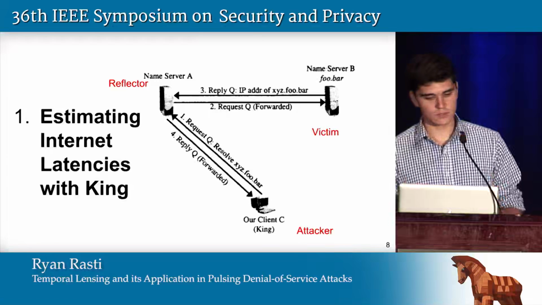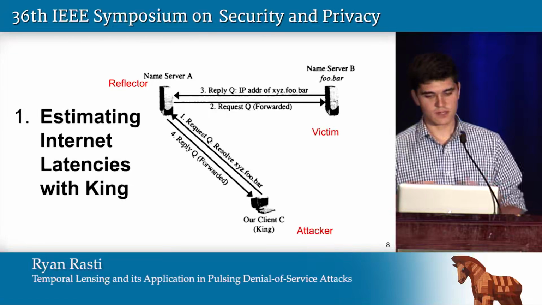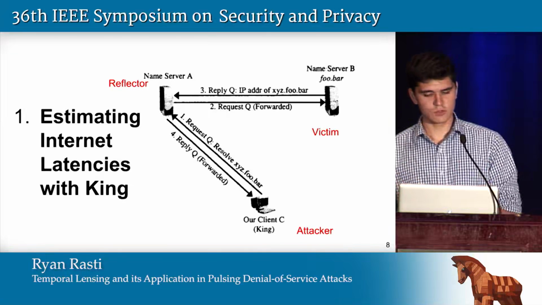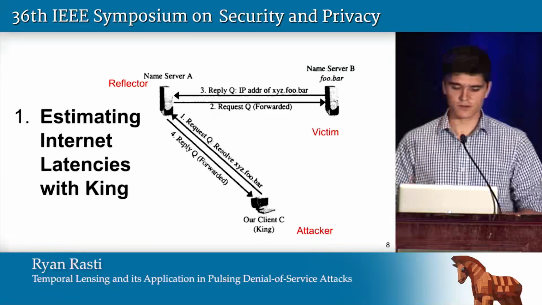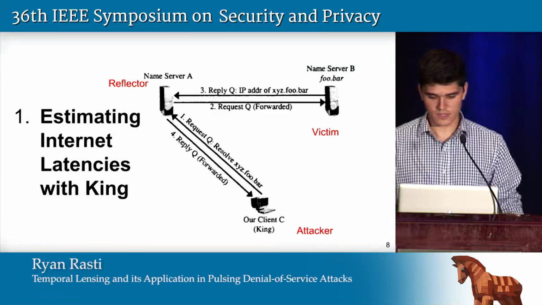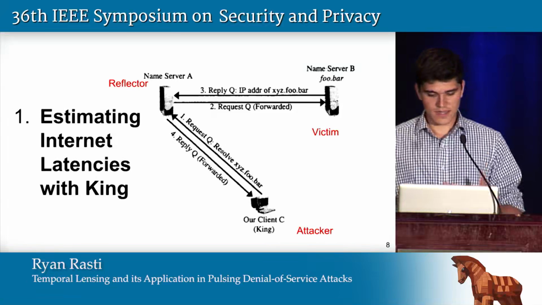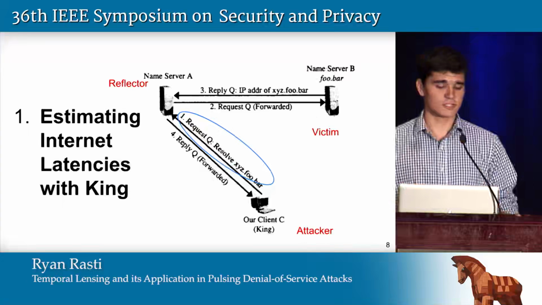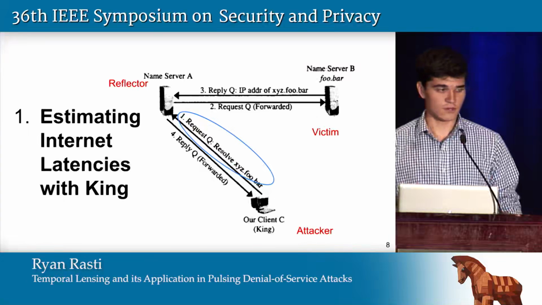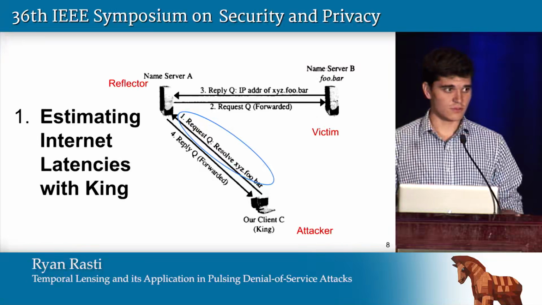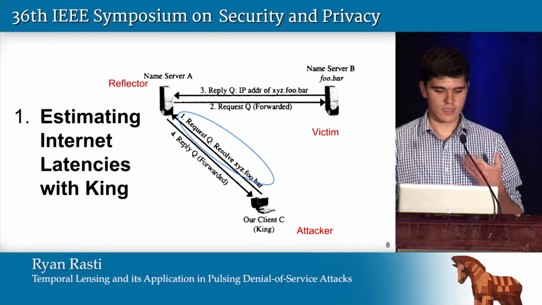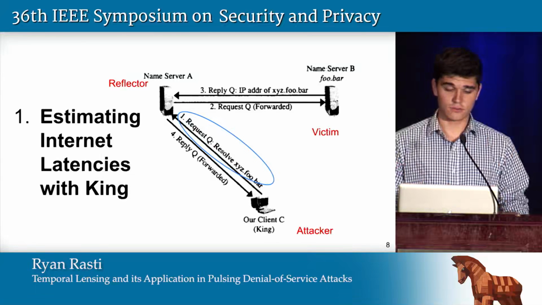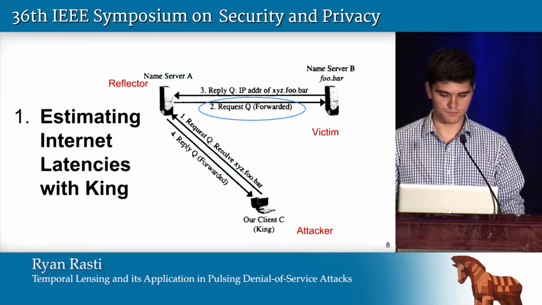The way that we can make these measurements is, the reflector will be an open DNS server, and the victim will be a DNS name server, here authoritative for the domain foo.bar. Step one, the attacker sends a request for a subdomain of foo.bar, here XYZ. The resolver gets this request, and it doesn't know the answer, so it forwards it to the authoritative server for foo.bar, which is the victim.